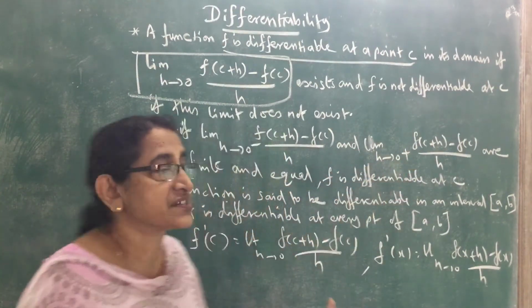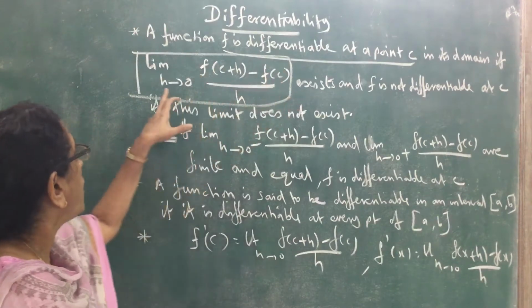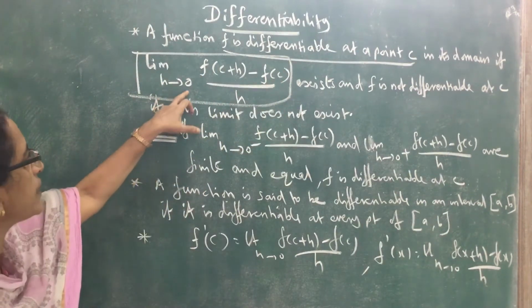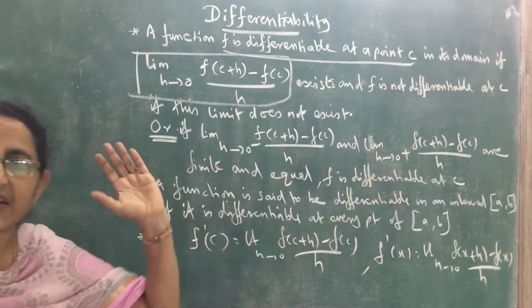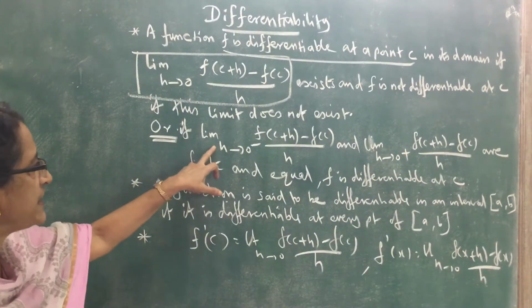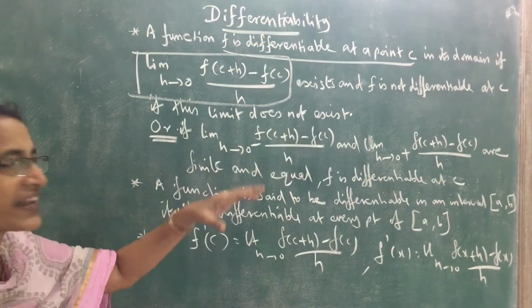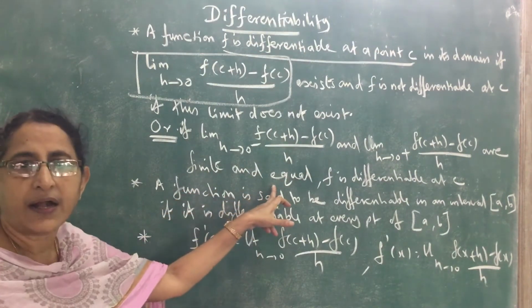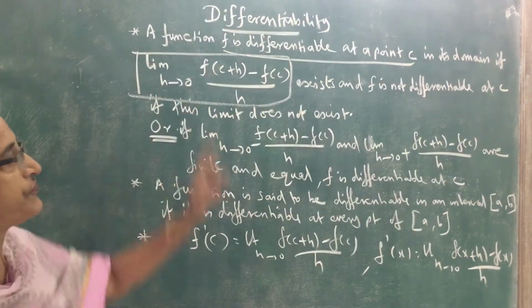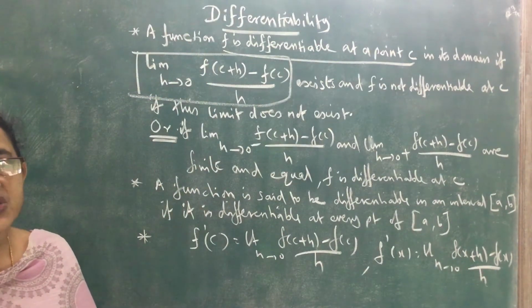Only that is the difference; the function is the same. So if the left limit and right limit are both finite and equal, then we say that this function f is differentiable at c.